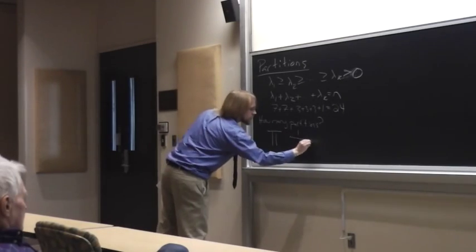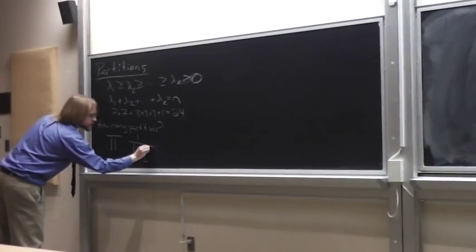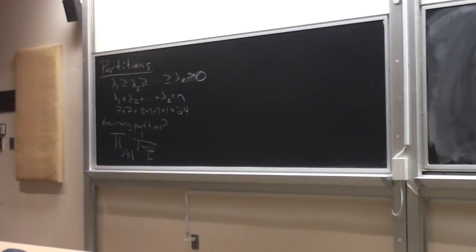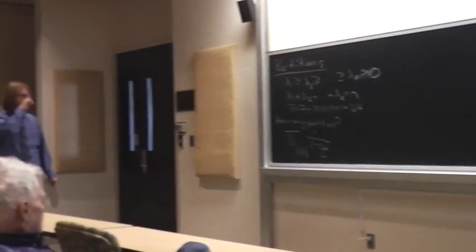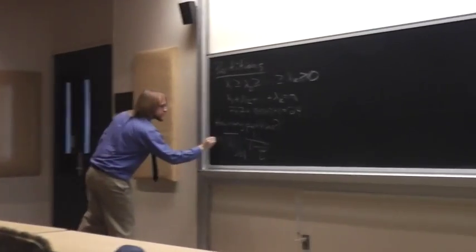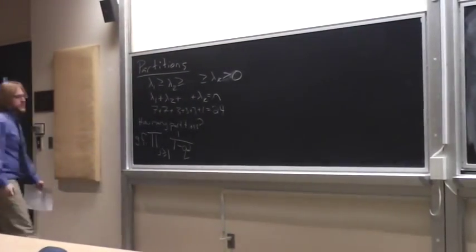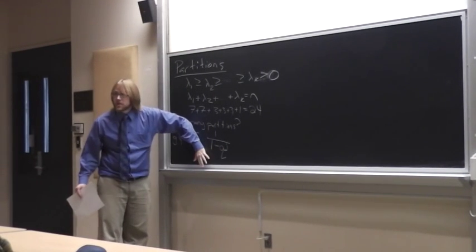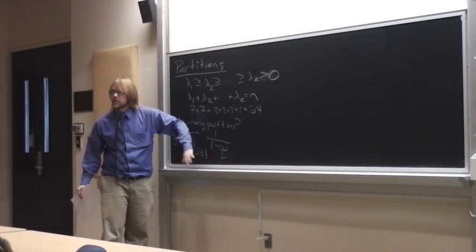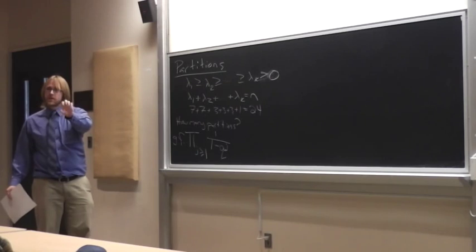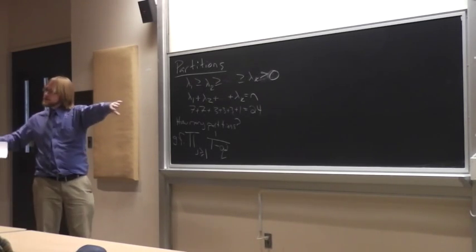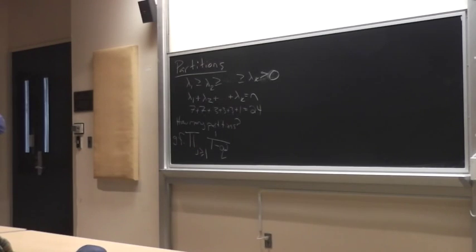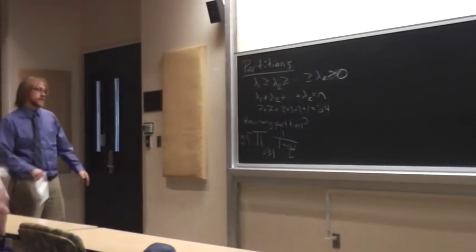It's the product over all j of 1 over 1 minus q to the j. Basically, 1 over 1 minus q to the j by itself is just the generating function for only using the part j. And so when we multiply them all together, we get the generating function for any parts that are allowed.